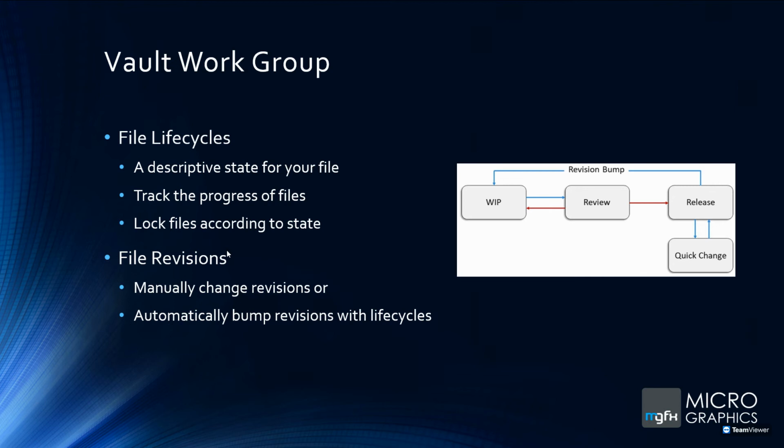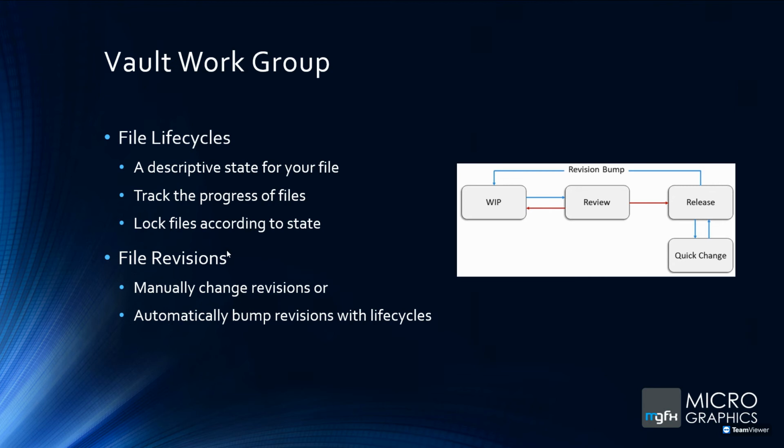There is also an option for release for quick change. So it may be just a small change to a note on a drawing that doesn't require a revision bump. You could do a quick change as well. You'll see there between release and quick change does not affect the revision.